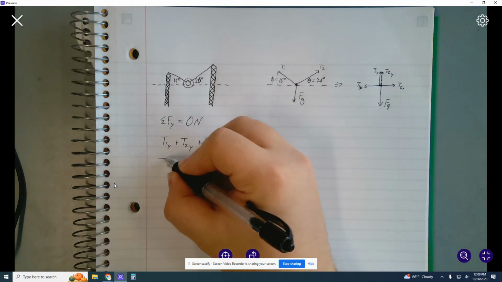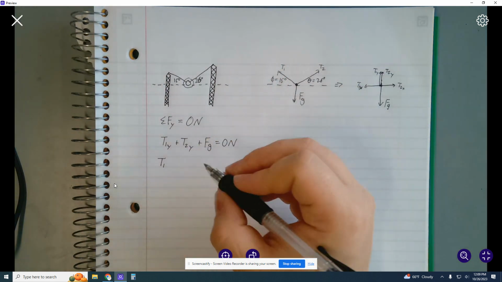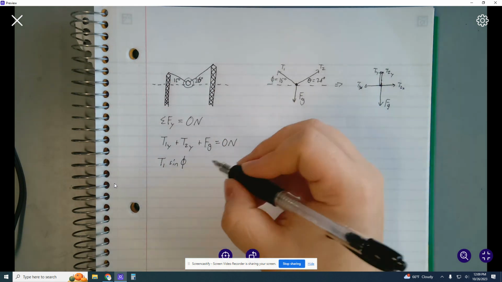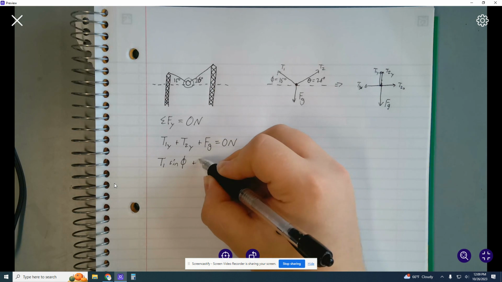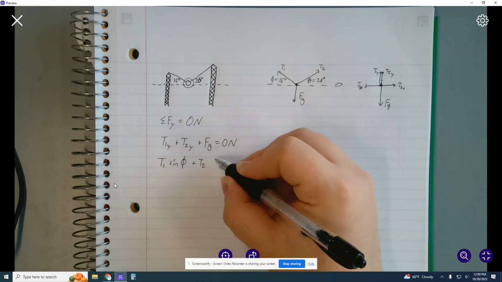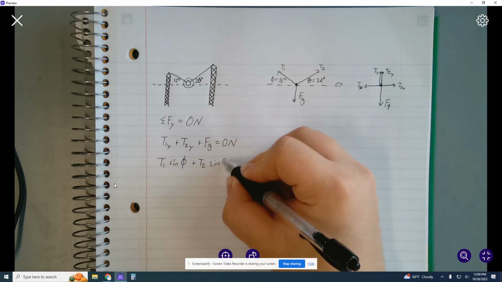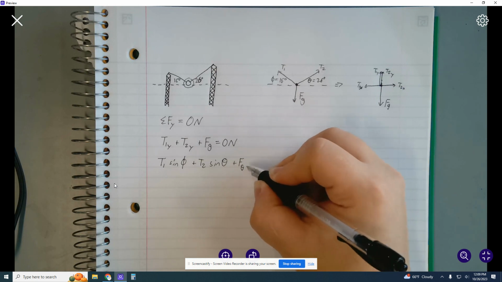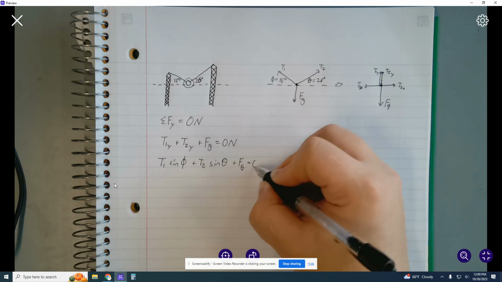So I'll write T1y is equal to T1 times the sine of phi. Likewise, T2y will be T2 times the sine of theta. Fg is entirely in the y, so we can leave that as is.